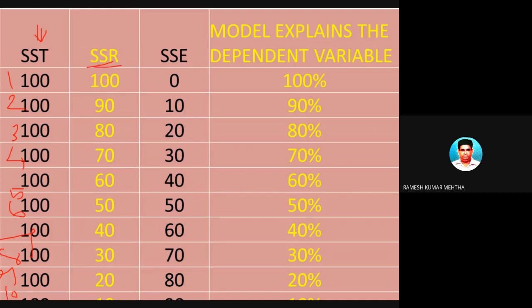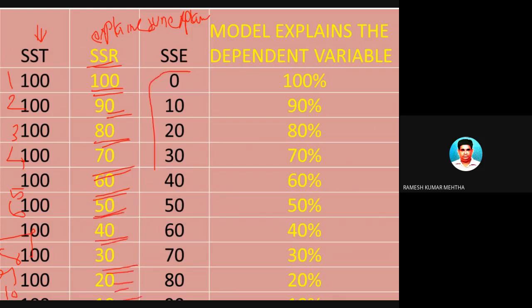Now, what is happening to SSR, that is sum of squares model? How much is explained? This column is explained and this is unexplained. So 100 is explained, 90 is explained, 80 is explained in the respective cases, and so on and so forth.